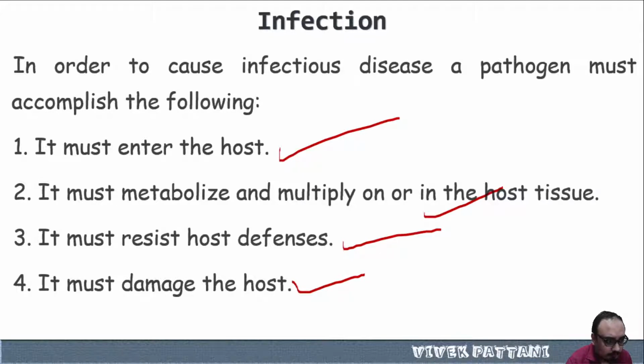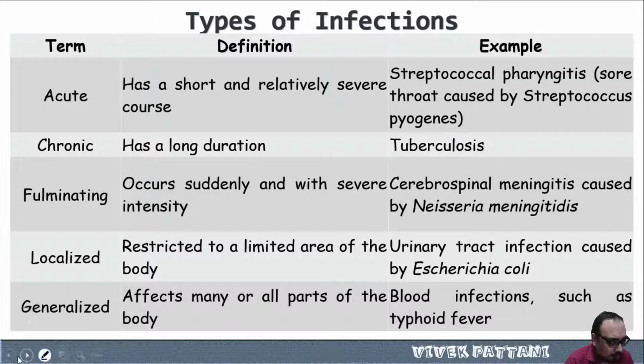There are other mechanisms by which they enter the body, and there are also various terms which are used. Moving forward, which are the other points of infection, or basically the types of infections?